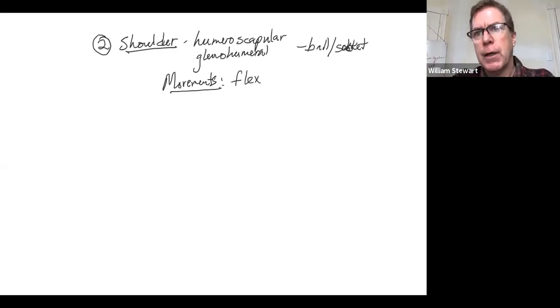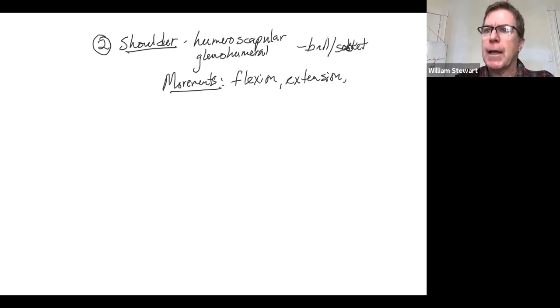So I'm going to give you a quick list. We can get flexion, extension, hyperextension, which is extending past the normal 180 degrees of the joint.